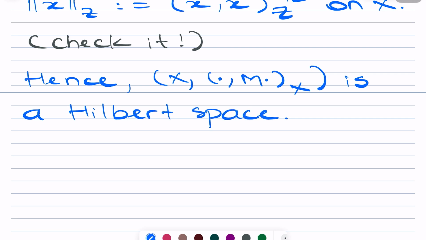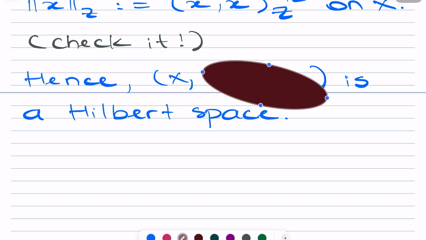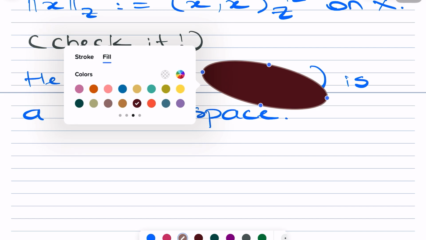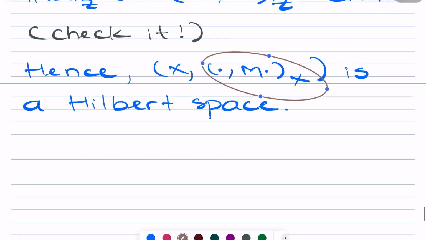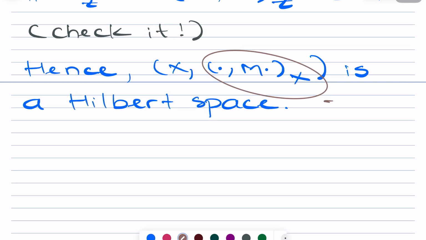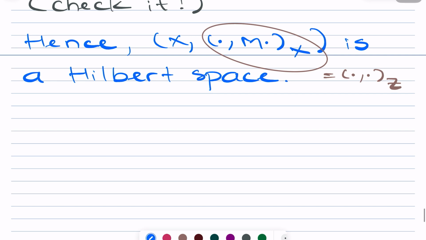If you are lost about this, just know that this scalar product that I call Z, so this X defined with this new scalar product is a Hilbert space as well.